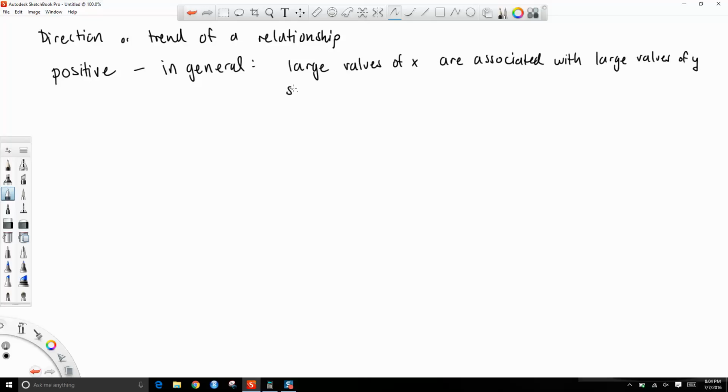And small values of x are associated with small values of y. Okay, that's a positive relationship.